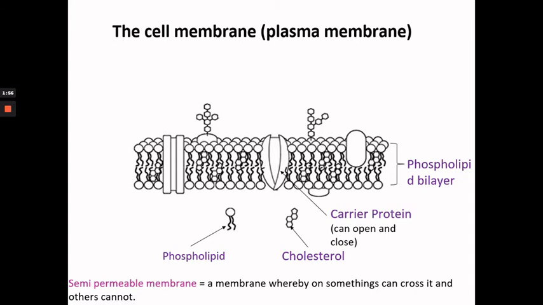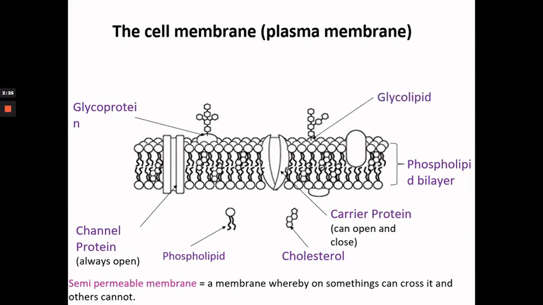We also have some proteins inside, and their job is to help to move materials. There are two types here. We have the channel proteins and the carrier proteins. The difference between them is that the carrier proteins can open and close, but the channel proteins stay open all the time. And we also have glycoproteins, which are just glucose joined together with some proteins.